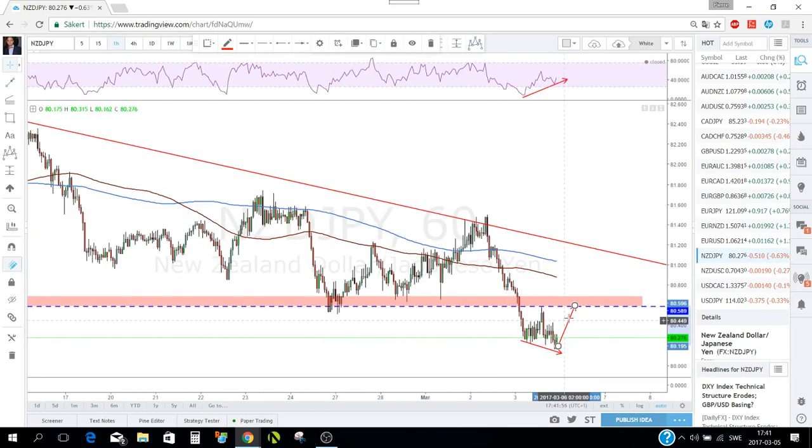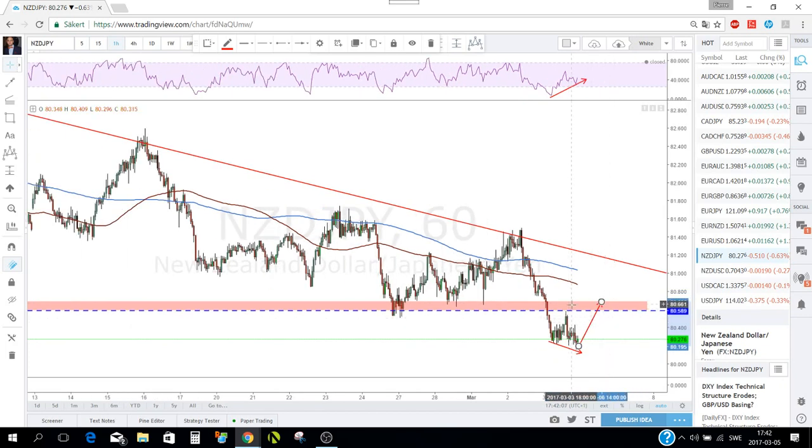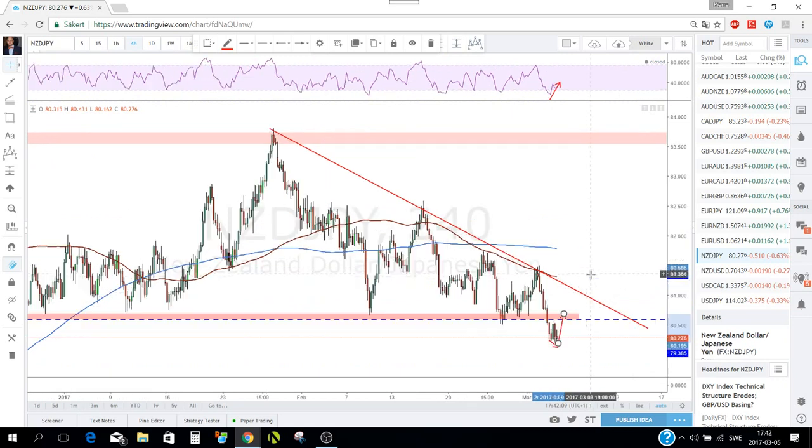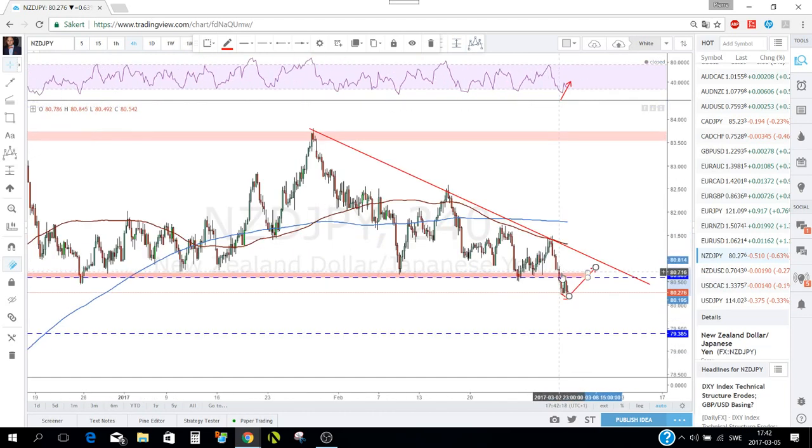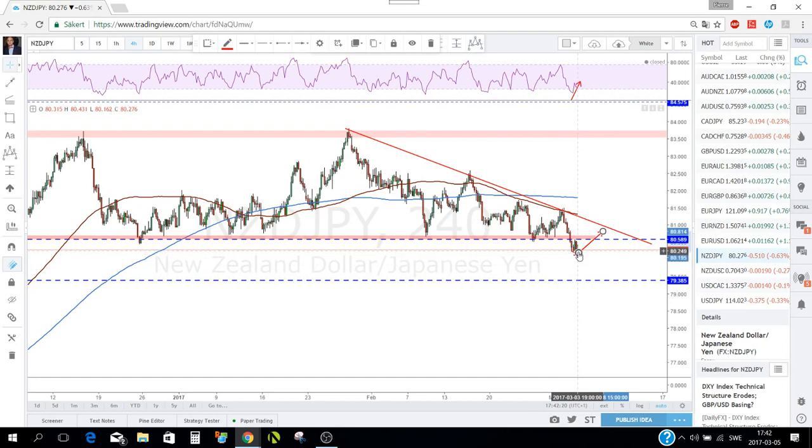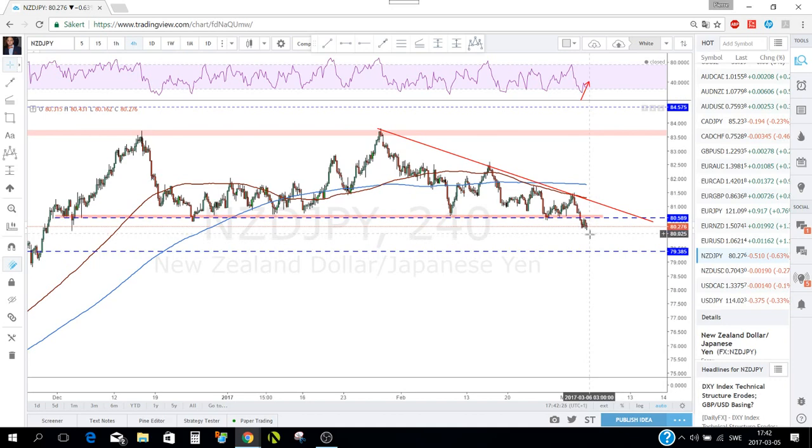You should be looking at the 80.60 area and see how price will react. If it's going to find resistance and keep going down from back up here, or a retest of maybe another bounce to the trend line or this 100 moving average. As for now, you should only be looking for shorts on this one, because the next trouble area should come back down at the 79.40 area, back down here.